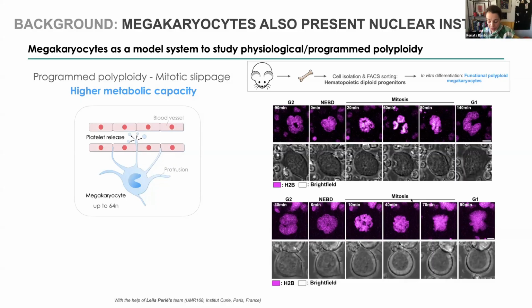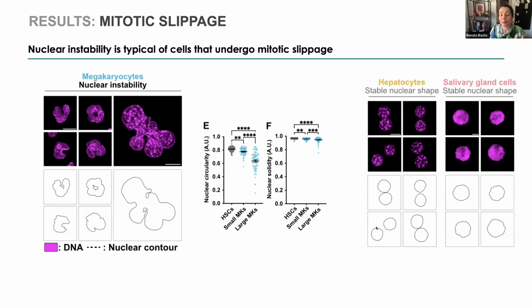Now, if we compare the shape of these nuclei with other cells that are also polyploid, you can see that, once more, the instability is quite obvious. These are smaller megakaryocytes where we already see differences in circularity and solidity, and they become much more prominent in larger megakaryocytes, whereas in hepatocytes and salivary glands this is really not the case.